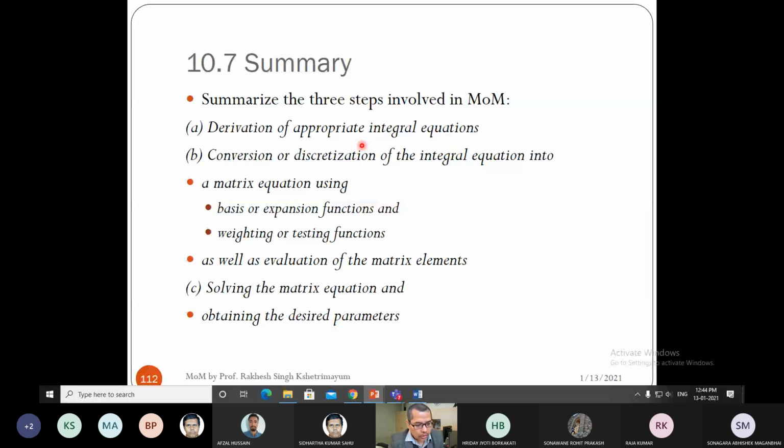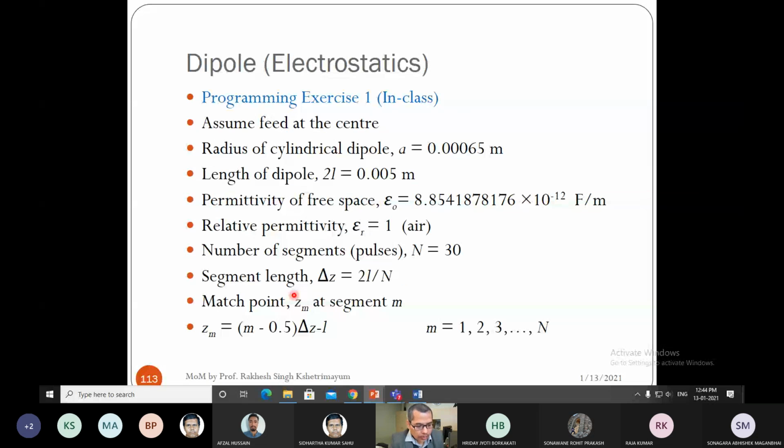Okay, so this is a programming exercise we usually discuss in the class. What I usually do is show this exercise in the class, and then students write their own program. But now this is an online class, so I'll briefly discuss it, as we won't be able to do that. In this programming exercise, you assume a feed at the center. This is a dipole, and we'll solve it for electrostatics, not for the electrodynamic case.